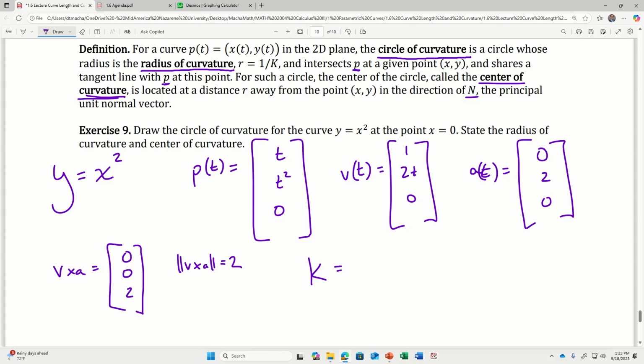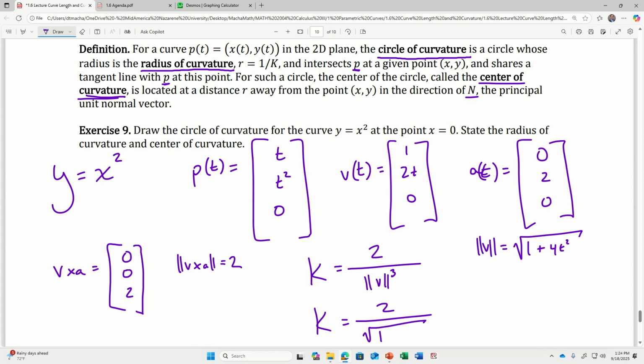And my curvature is going to be that norm divided by the speed cubed. And the speed is the norm of the velocity, so that's going to be the square root of 1 plus 4t squared. So the curvature is 2 divided by square root of 1 plus 4t squared, and t is equal to x whenever I translated it from an explicitly defined curve to a parametric curve.